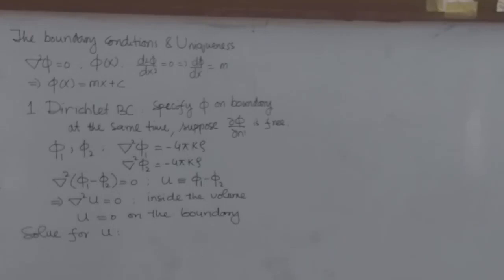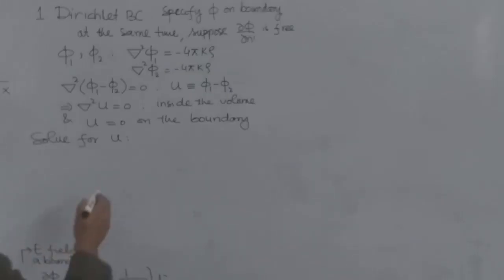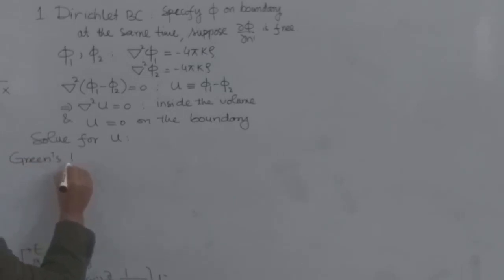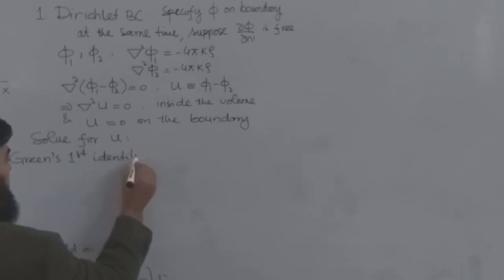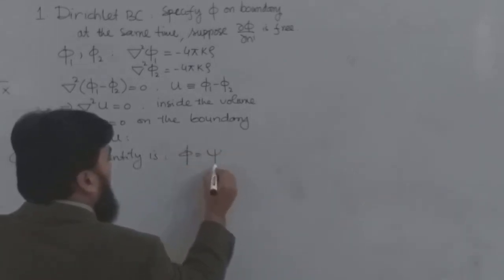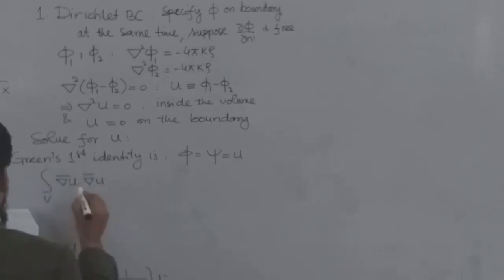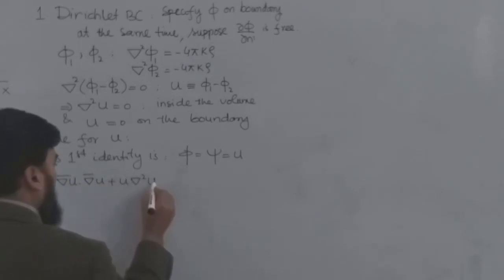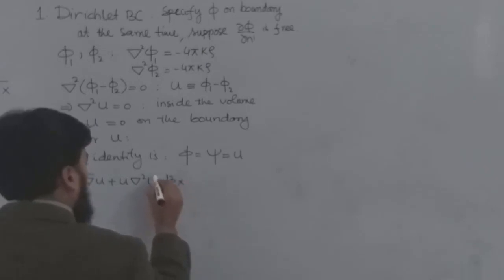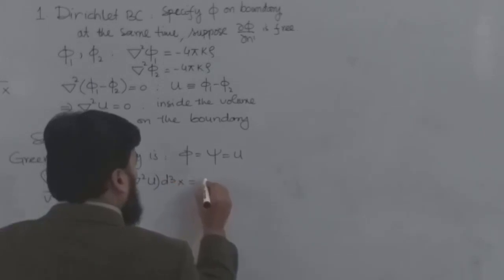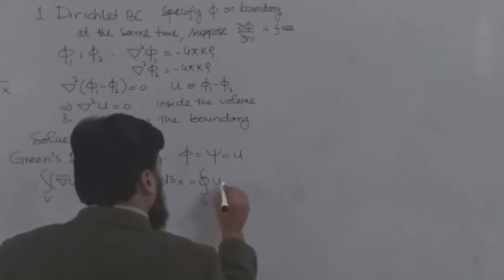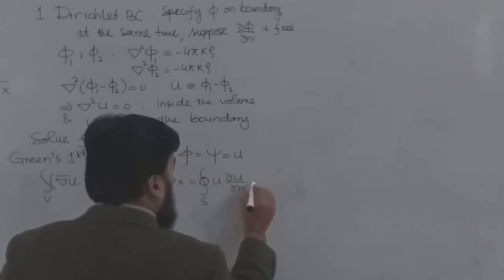So Green's first identity, with phi equal to psi equal to u, says that I can write the integral over the whole volume of (del u dot del u plus u del square u) d cube x is equal to the surface integral of u times curly u over curly n dA.